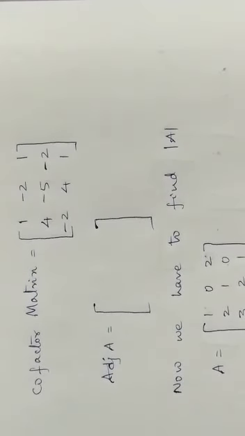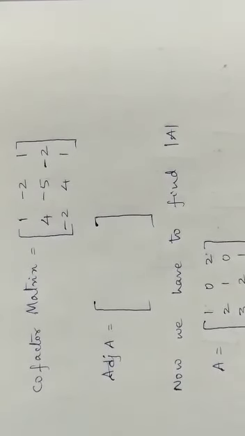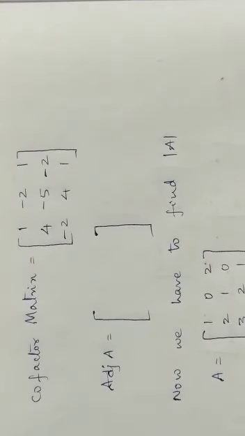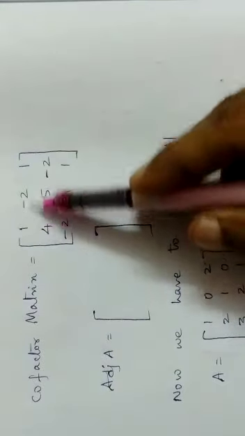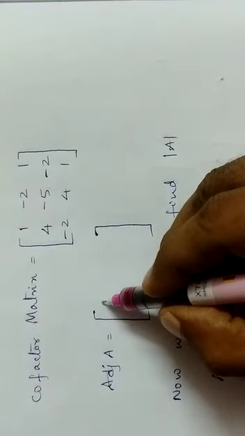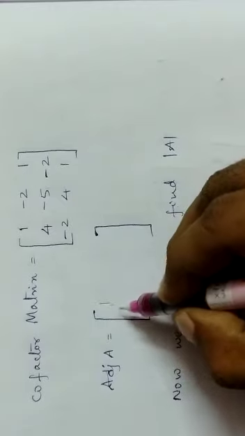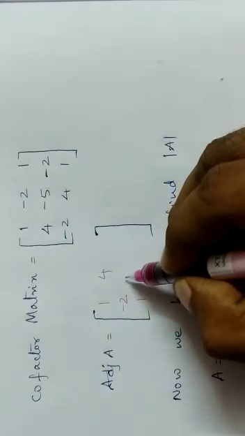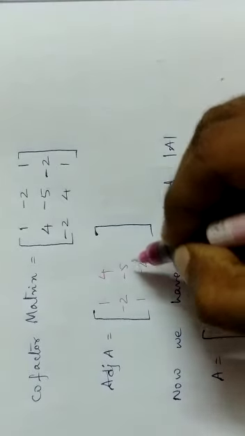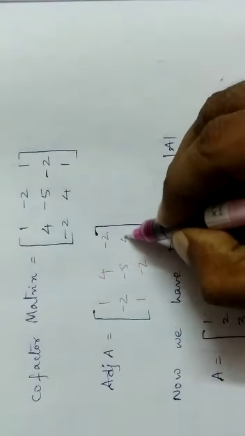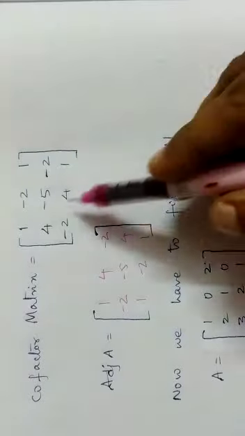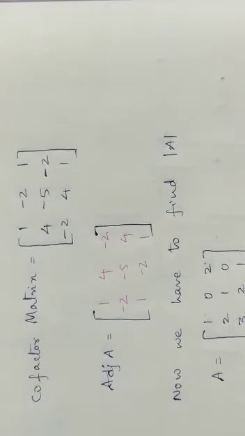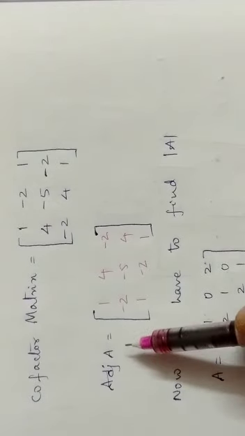How to write the adjoint matrix? Transpose of this cofactor matrix. 1, minus 2, 1. 4, minus 5, minus 2. Minus 2, 4, 1. Rows are changed as columns. This is adjoint A.